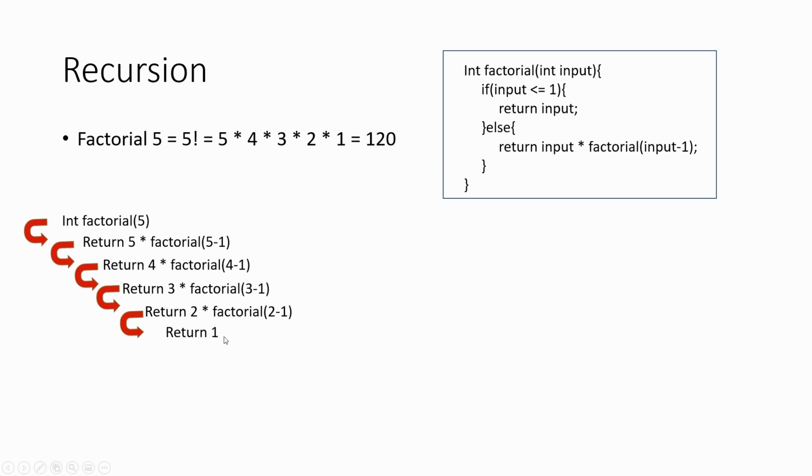So we return the value of 1 and multiply it by 2, which was our input at that point of the program. Do it again, 3 times 2, 4 times 6, 5 times 24, 120. And that's ultimately what our return value is going to be on the finalization of this factorial call.